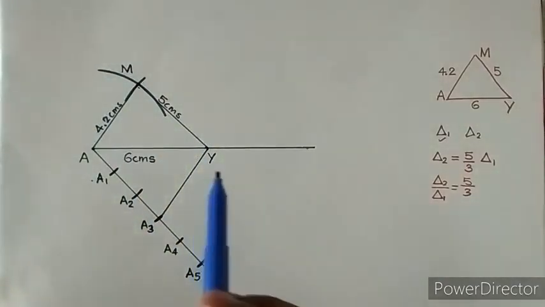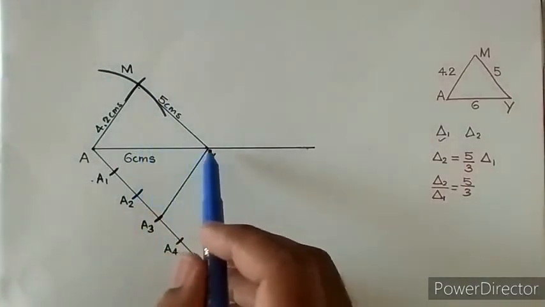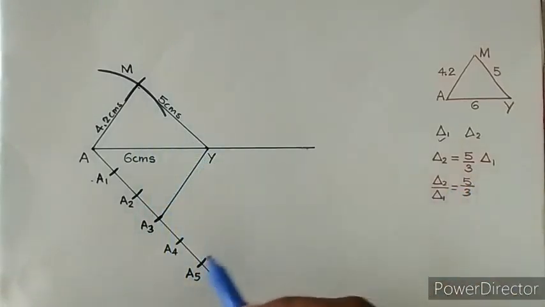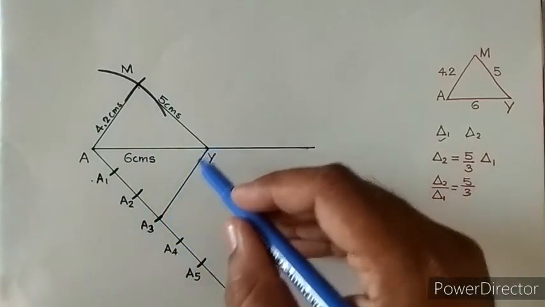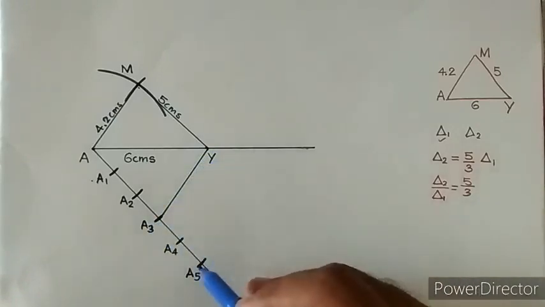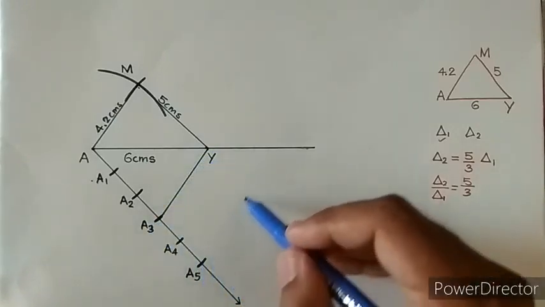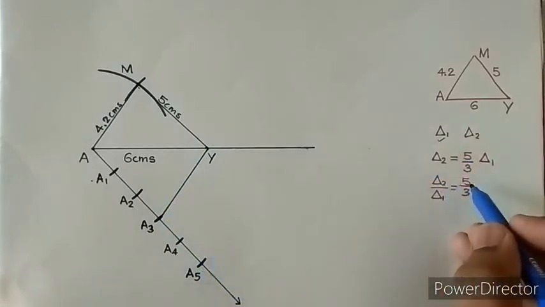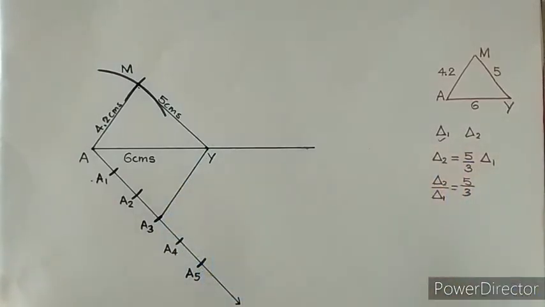If triangle 1 is joined to the third part, then triangle 2 should be joined to the fifth part. That fifth part is here. That means you need a line parallel to this A3Y at A5 also, because triangle 2 should be joined to the fifth part. Now how do we draw a line parallel to this at A5?